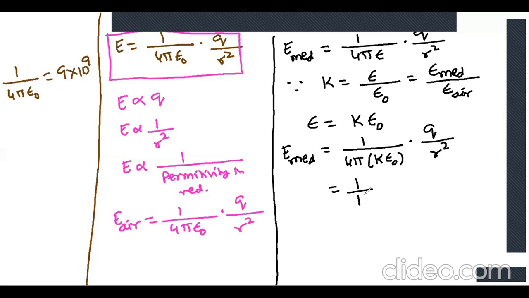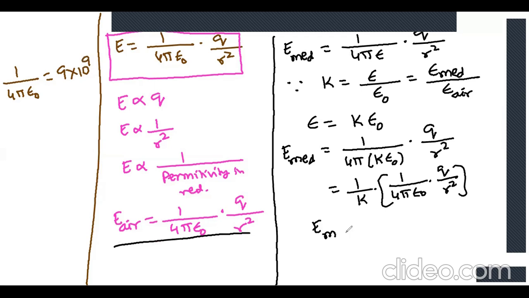Bringing K outwards, 1 by 4 pi epsilon naught Q by R square is the electric field in air. So the electric field in medium equals the electric field in air divided by K.